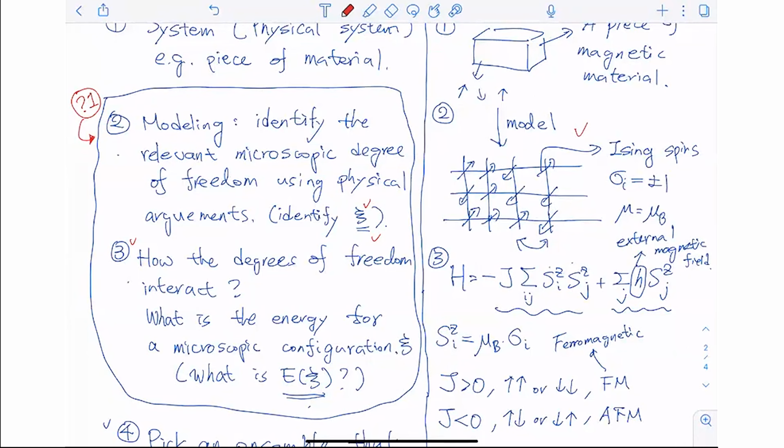But in the real material, it is possible that these atoms might vibrate nearby their equilibrium positions. So in some cases, you might need to include those vibrations in your considerations.